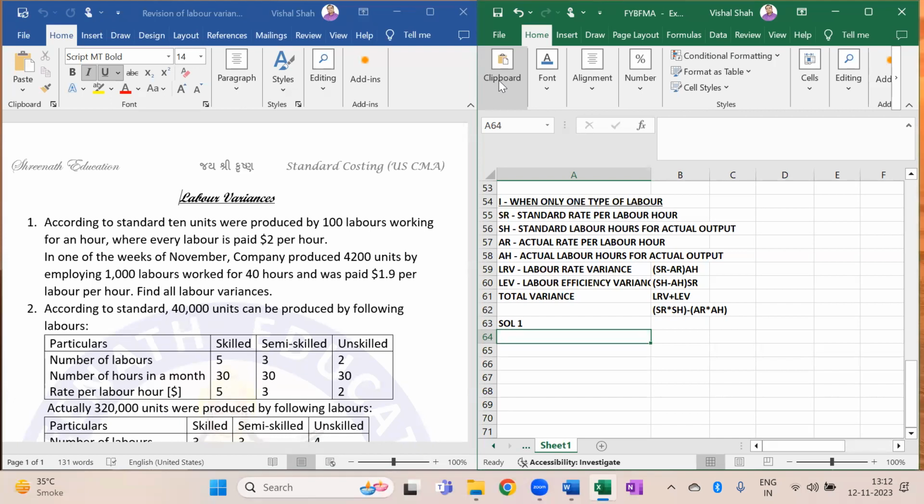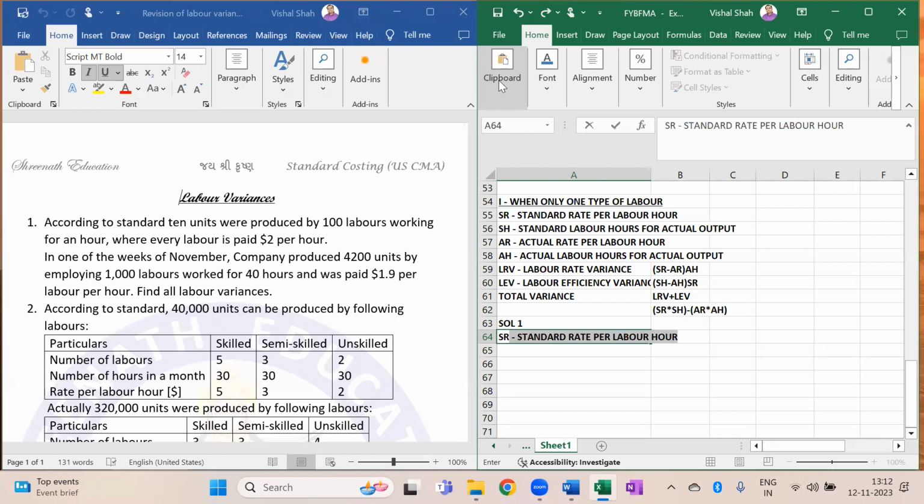Find all labor variances. So there is one type of labor. There cannot be only one labor. There can be more than one labor, but all are of similar or same category. What does this imply? When they are saying similar or same, that means their rate is same.